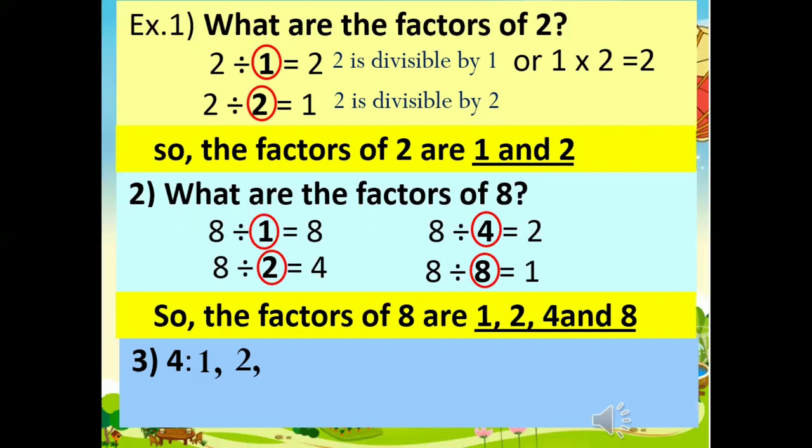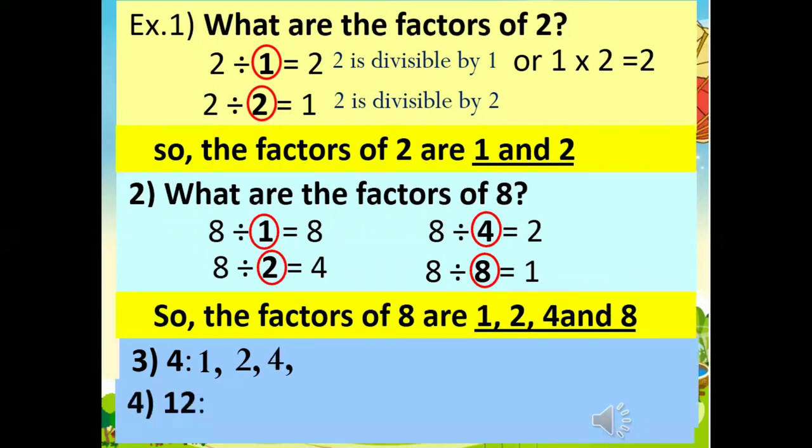Okay, so what else? We have 4. Okay, next, what are the factors of 12? We have 1, 2, 3, 4, 6, 12. Okay, no more. So those are the factors of 12.